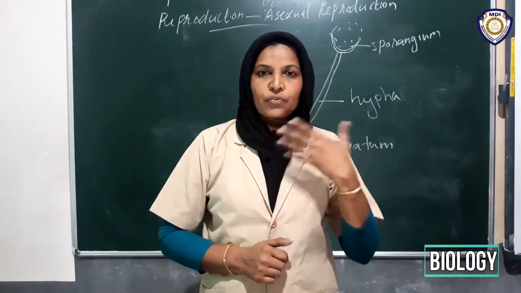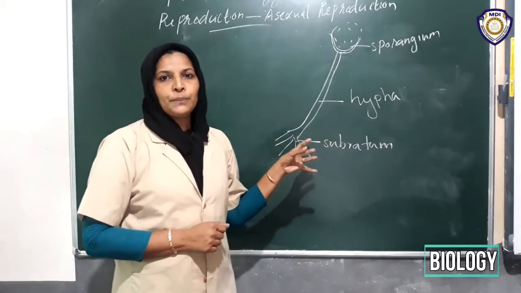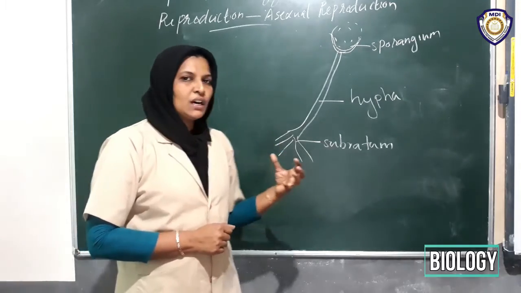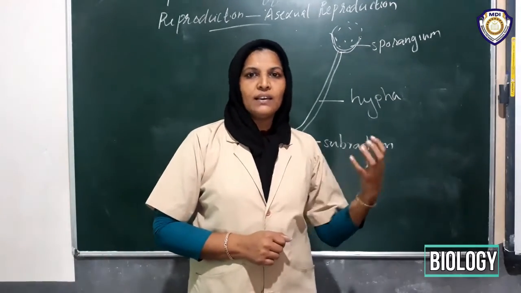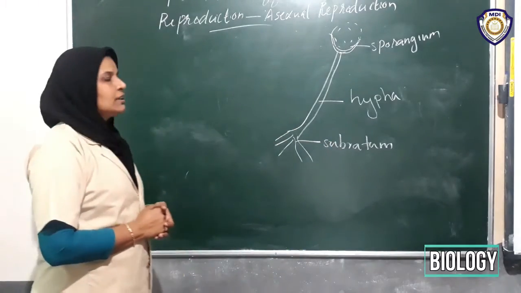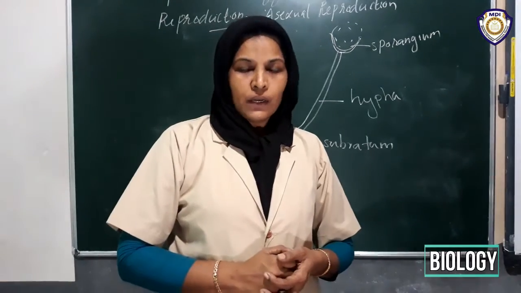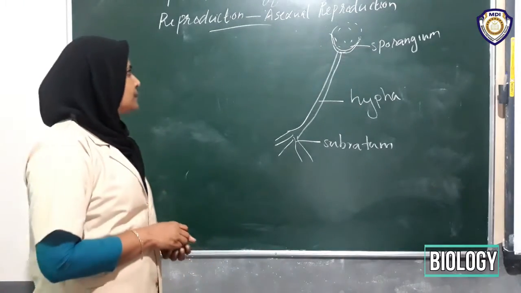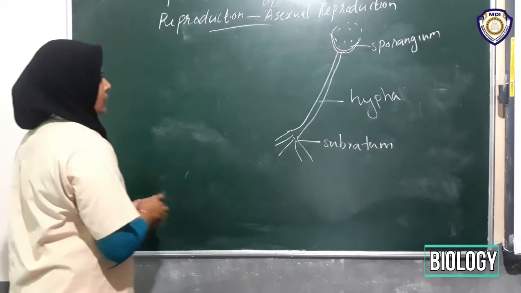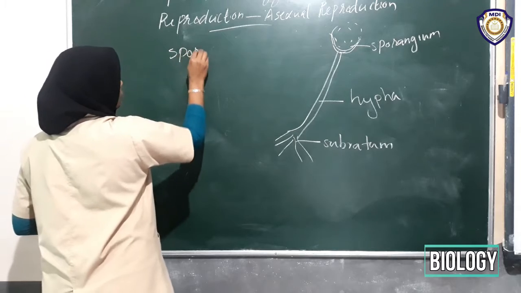Are you clear? Favorable condition here means they need a moist surface. If moisture is there, that is their favorable condition. Spore formation occurs in fungi and bacteria also. It is very important. This process is called spore formation.